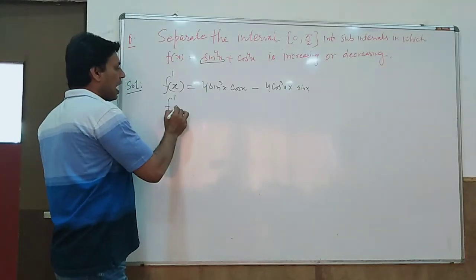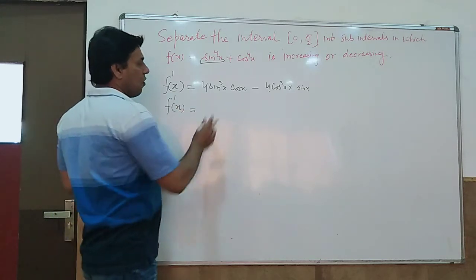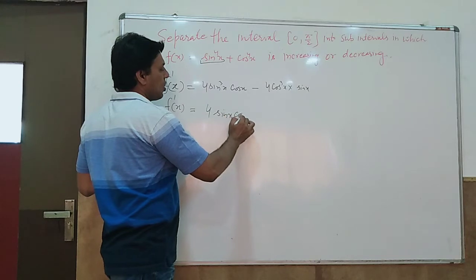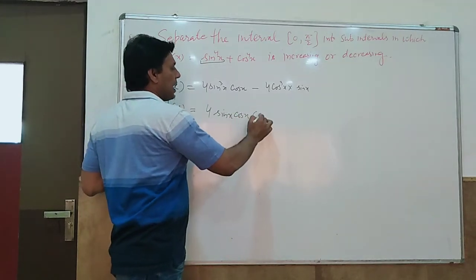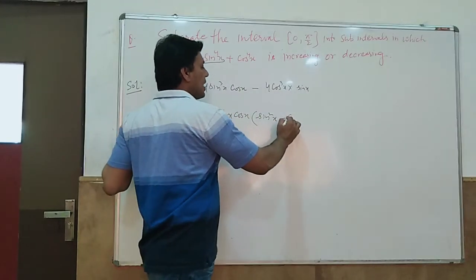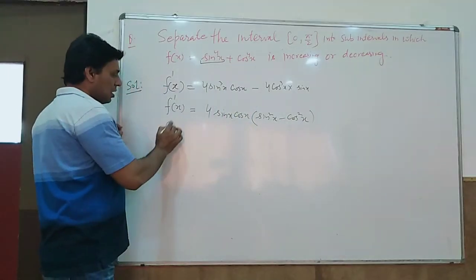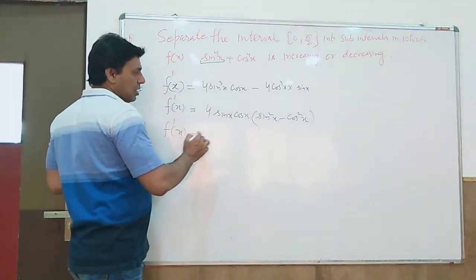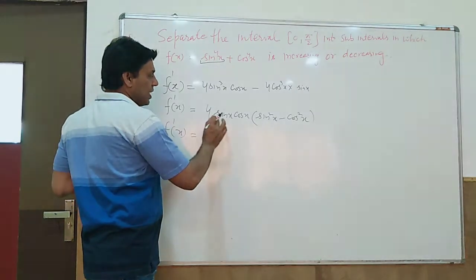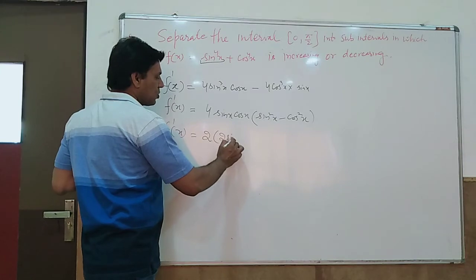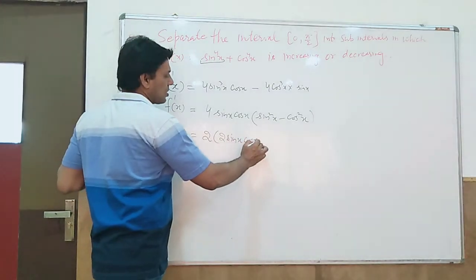Now I can take common 4 sine x cos x, and in the bracket I will have sine square x minus cos square x. Now I will change it a little: in place of 4 sine x cos x I can write 2 into 2 sine x cos x.